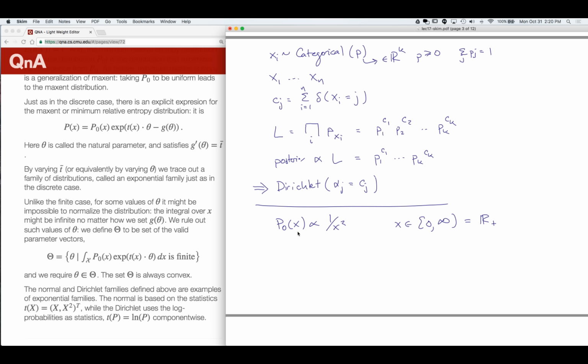So this is a perfectly valid distribution. You can normalize 1 over x squared because its integral is finite over R plus.